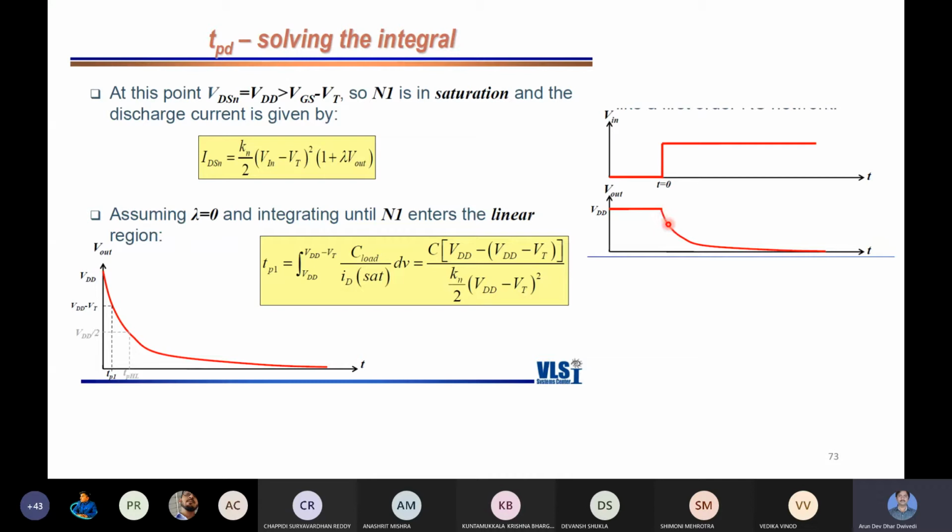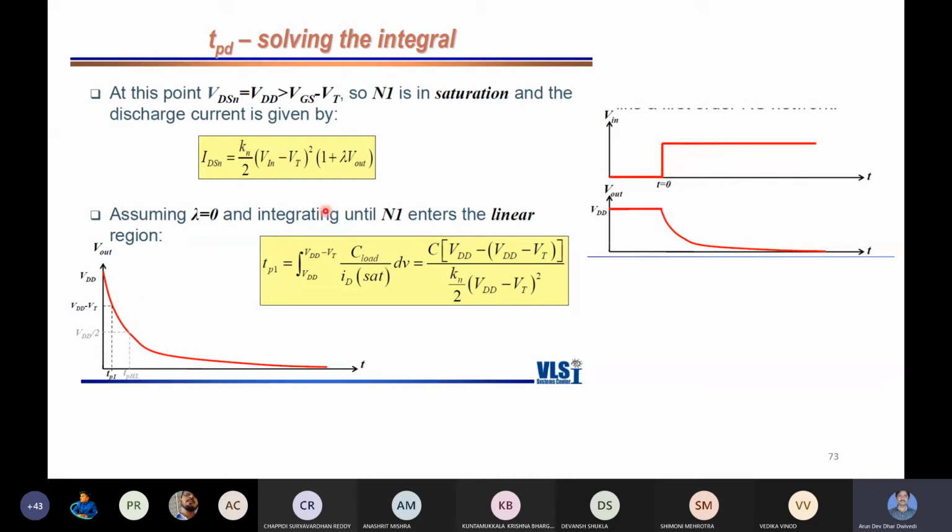After some time it will reach VDD, VDS will become... After some time it will become VOH minus VTH, the VTH of the NMOS. So here in this graph we can see the input and output pulse timing diagram, and here the capacitor discharging diagram.